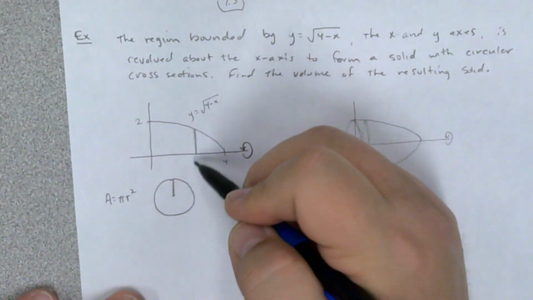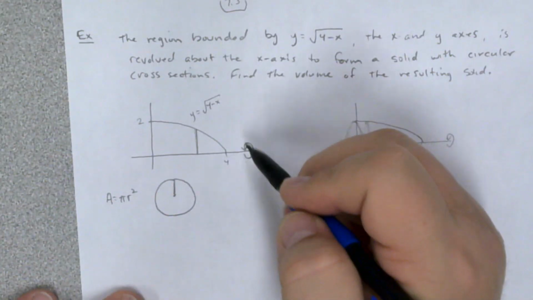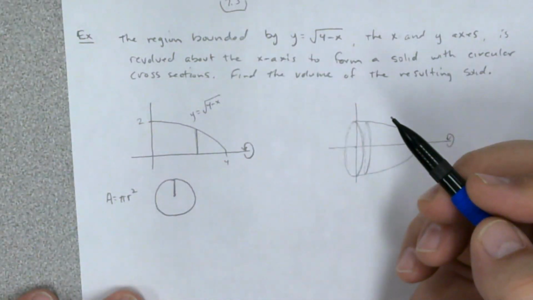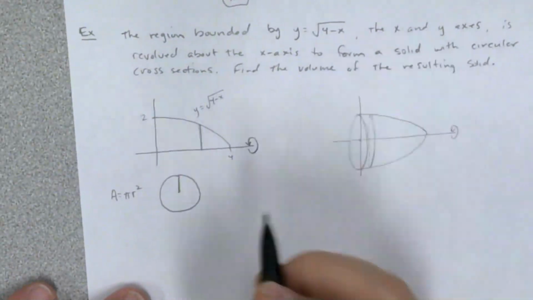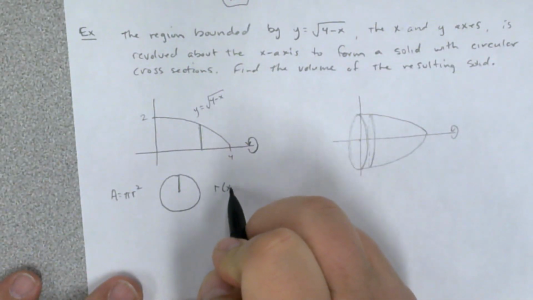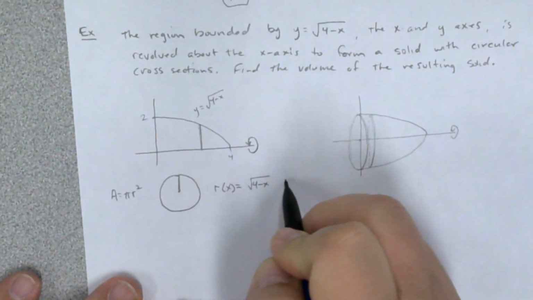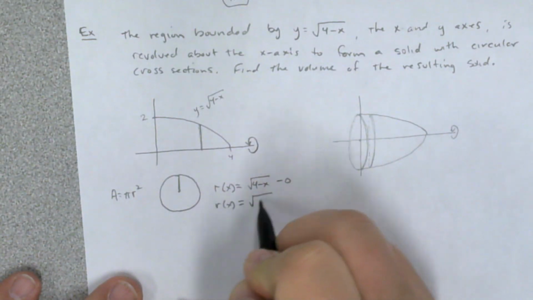It's perpendicular to the x-axis, the axis of revolution, so I'm going to have a dx. So I need to find it in terms of x. Remember, it's found by top minus bottom, so r of x is going to be the square root of 4 minus x, minus 0, which is just the square root of 4 minus x.